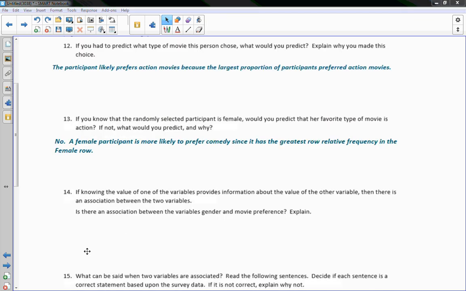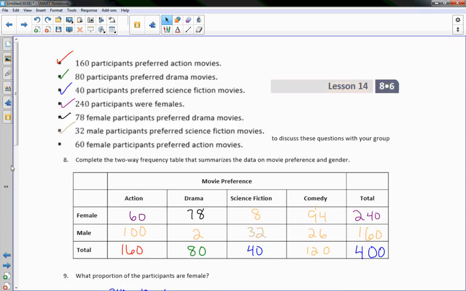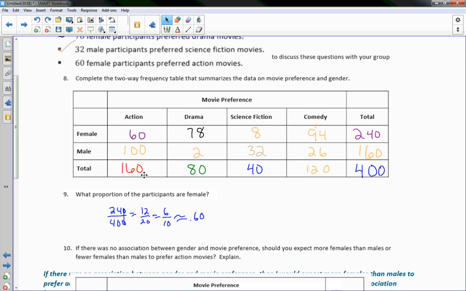Number 14 says, if knowing the value of one of the variables provides information about the value of the other, then there is an association between the two variables. Is there an association between the variables gender and movie preference? Explain. So, if I go back and I look at gender and movie preference, do we have any that are the same? 60, 100, 78, 2, 8, 32, 94, 26.